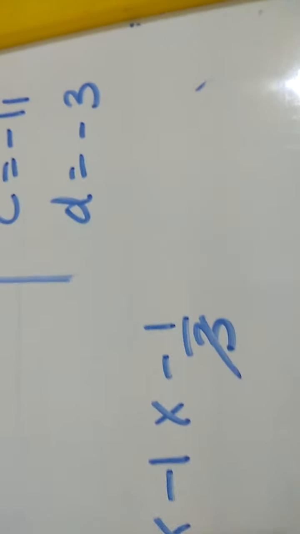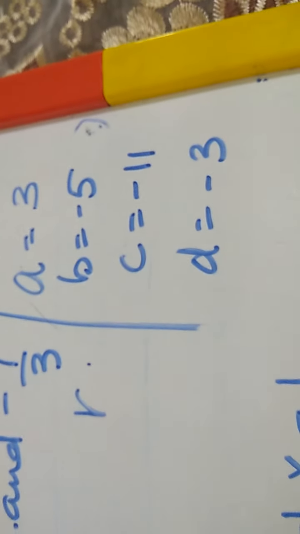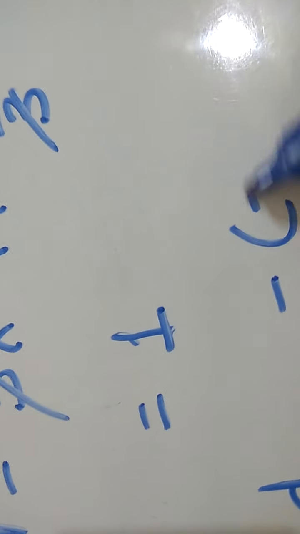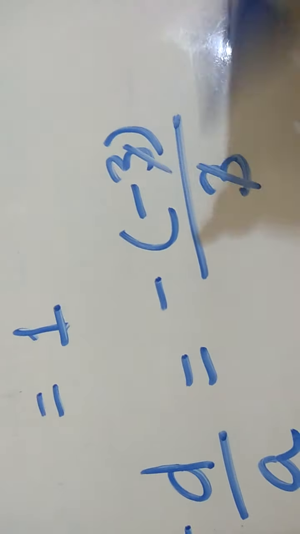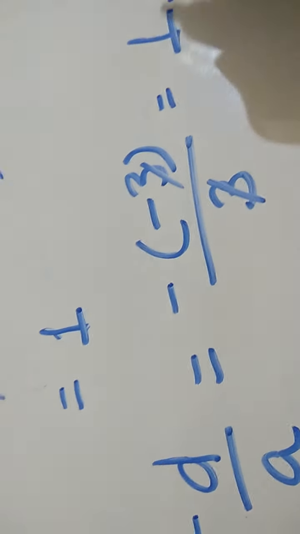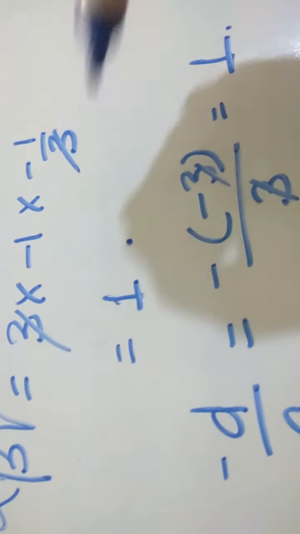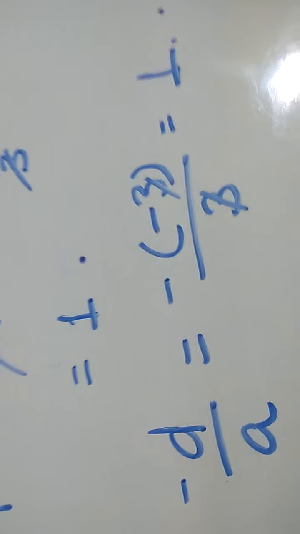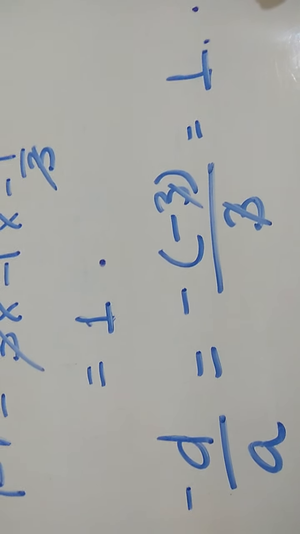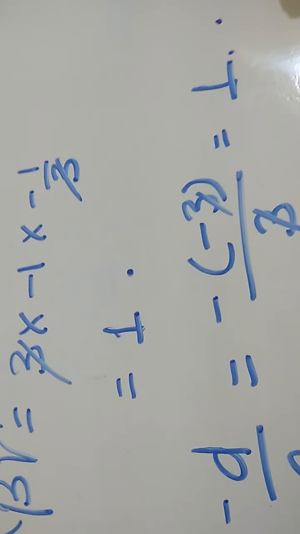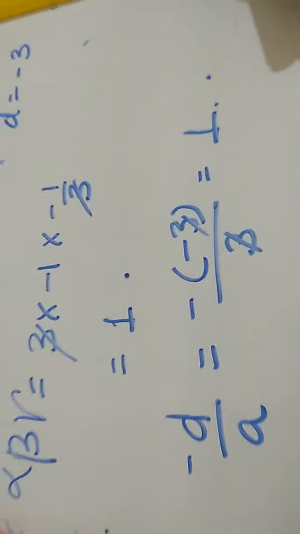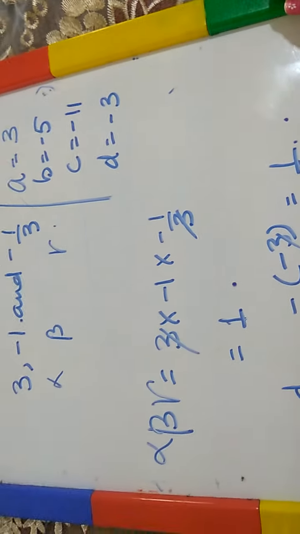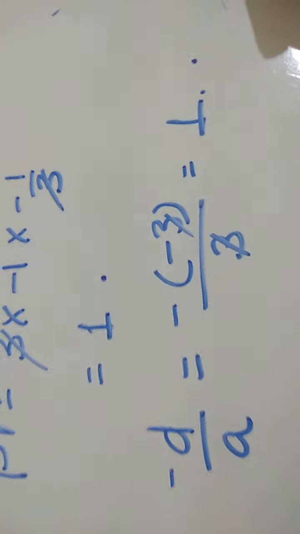D is minus 3 and a is 3. So this is minus of minus 3 upon 3. The 3 gets cancelled and I get 1. Thus, this is also coming out to be equal. Thus, we have verified the relationship between zeros and the coefficients for a cubic polynomial. Thank you.